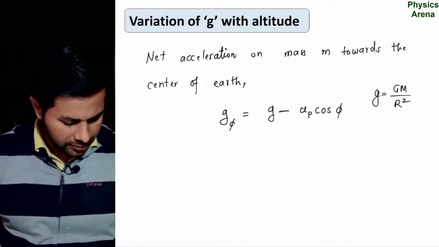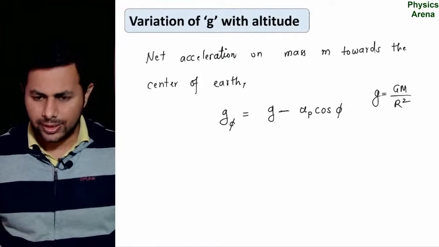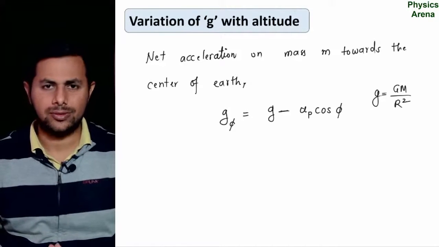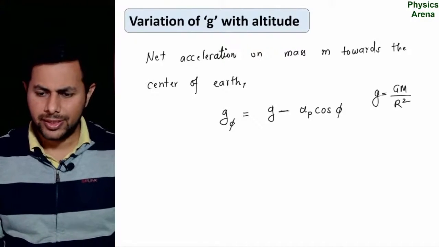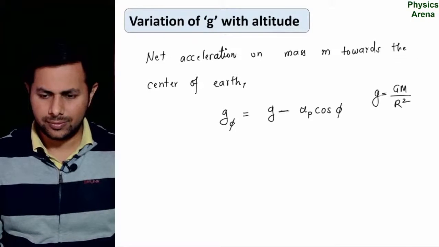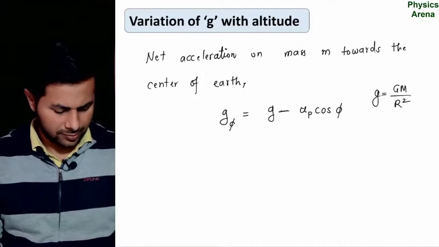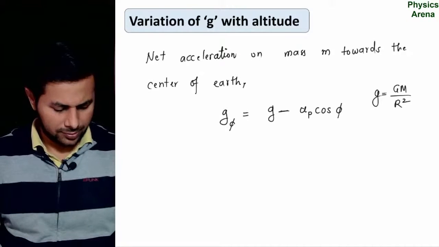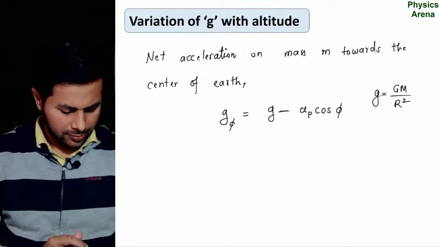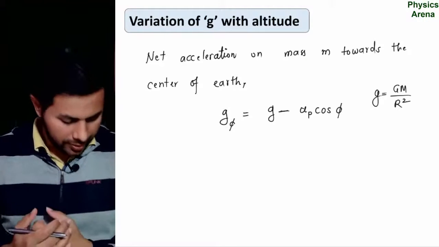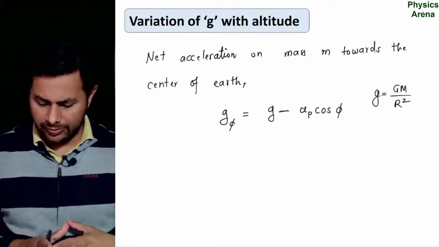Naresh is saying, will they be equal? No, no, no. A_p cosine phi and g will not be equal.